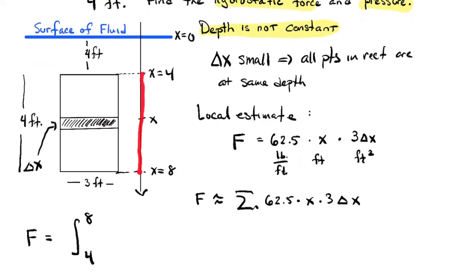This region is occupied in my coordinate system from x equals 4 to x equals 8. And what am I integrating? Well, I'm integrating 62.5 times 3 times x dx. I'm going to leave that unsimplified. I'm just rearranging the terms because I like the dx to be at the end.